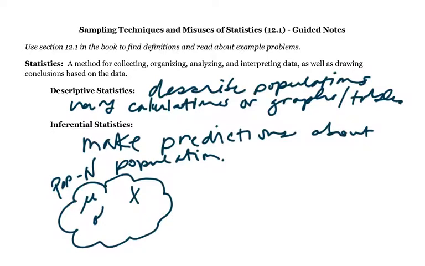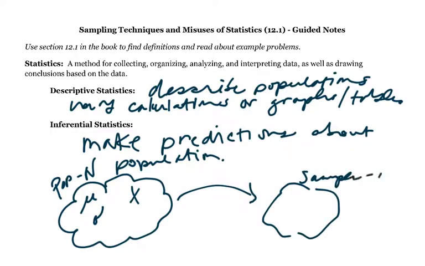But in order to make predictions about the population, we have to look at a sample of size little n. And there would be a mean for that sample, there would be a standard deviation for that sample, and we're looking at that same variable. So inferential statistics is used to make predictions, and there are different ways to select your sample, and that's one of the things we're going to be looking at in this video, because we're going to be looking at sampling techniques.